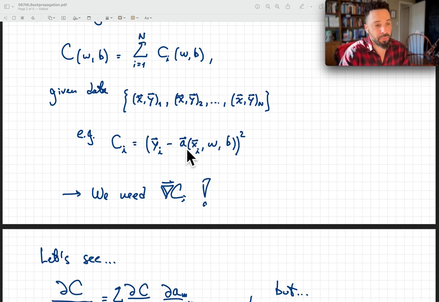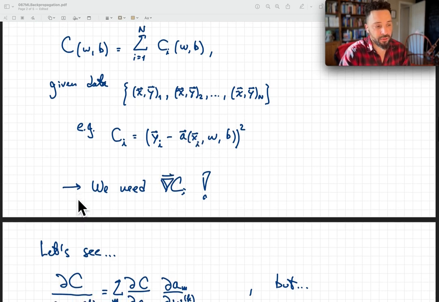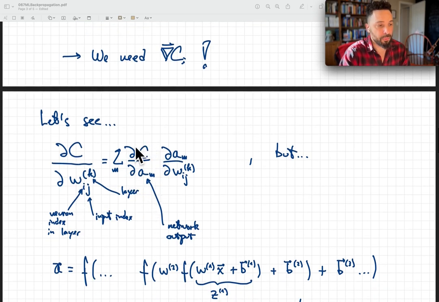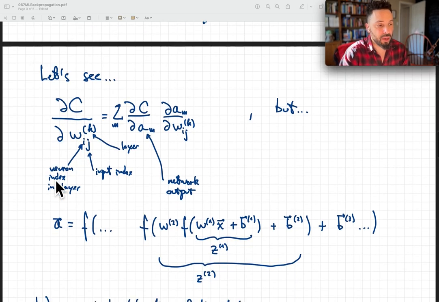The outputs will depend on the inputs in a complicated way through a chain of weights and activation functions. And so this part is going to be completely given by the cost function and the network output. But this here is going to be more complicated depending on how deep into the network you need to go, depending on which derivative you're interested in taking. You can see why here.